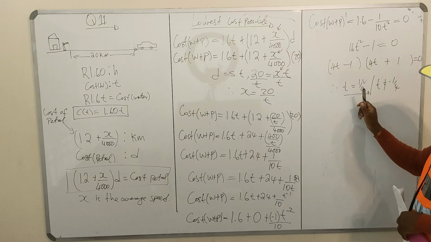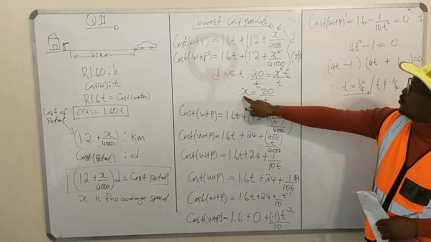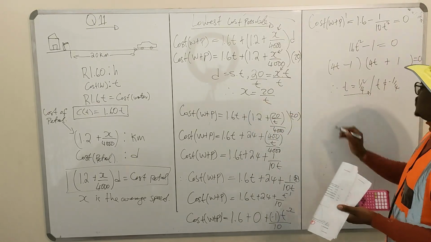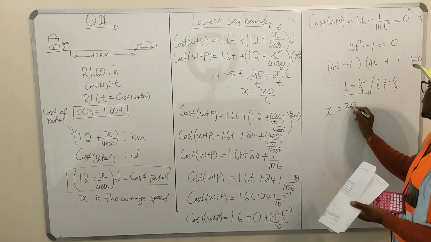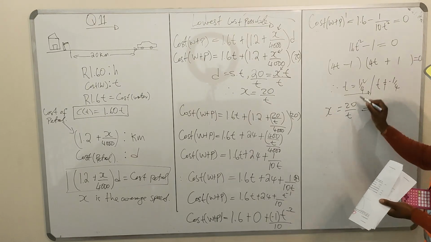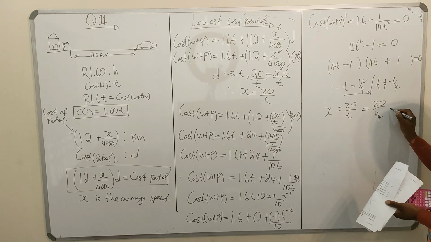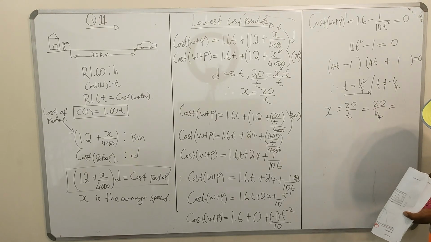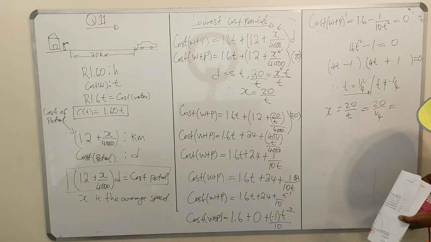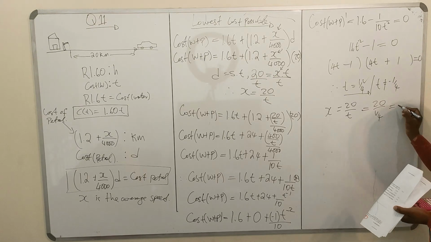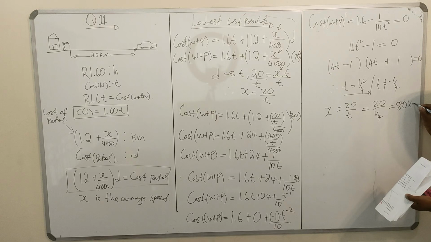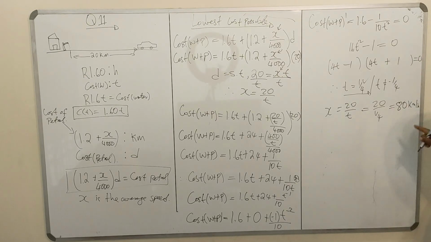Then to find the average speed which they want, the average speed x is equal to 20 over t, and your t is 1 over 4, so your average speed is 20 over 1 over 4, which is 20 divided by 0.25, which is 80 kilometers per hour. So this will be your best possible speed, right?